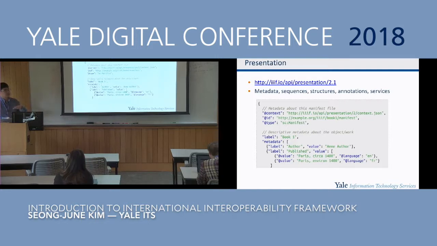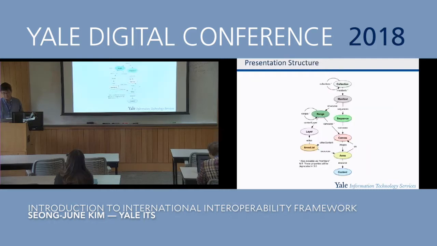Maybe the same representation exists in XML format or something like that. When you say a manifest file, the presentation API side also has a diagram describing the overall structure.